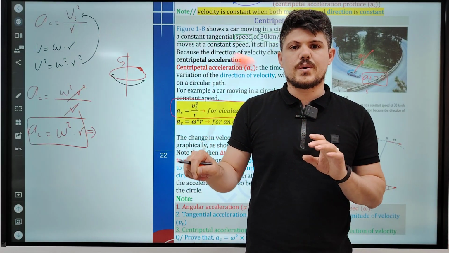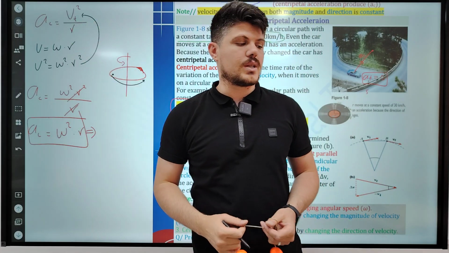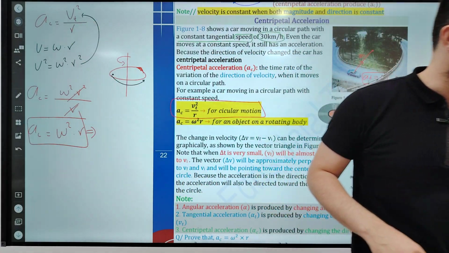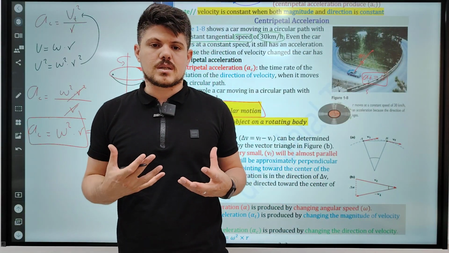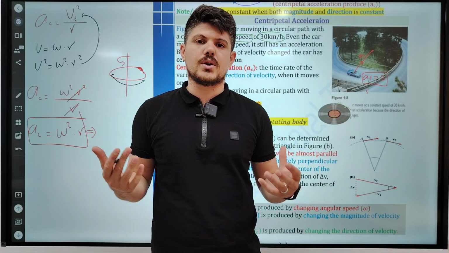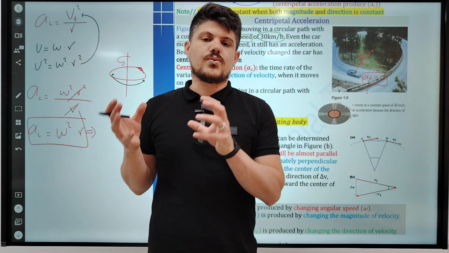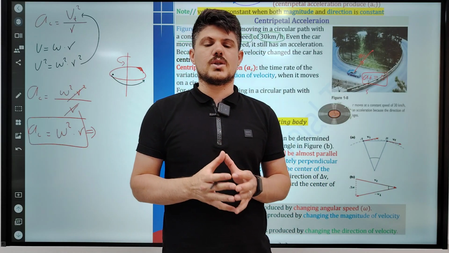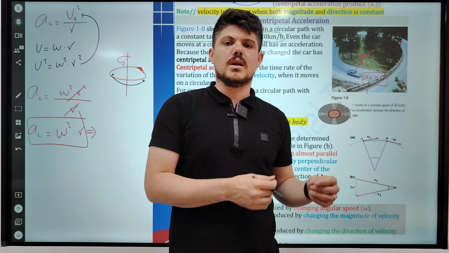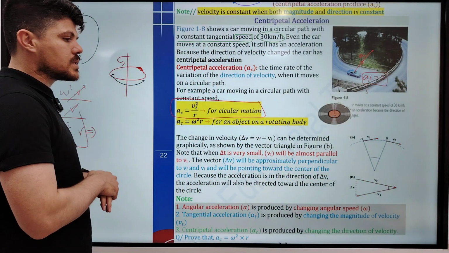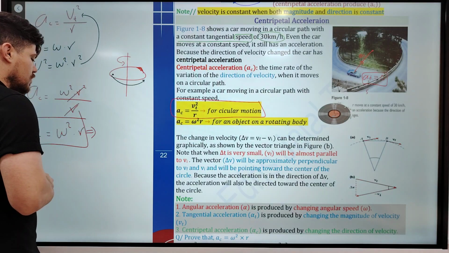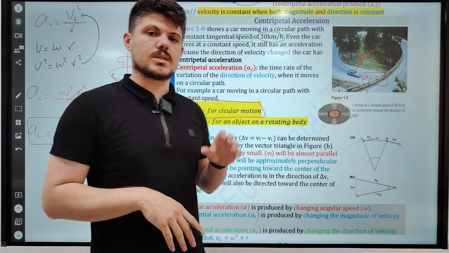So we can use this equation to find the centripetal acceleration, which is provided by the string. But for a rotating object, such as a merry-go-round or carousel, to find the centripetal acceleration of the horse on the carousel, you have to use this equation. Why? Because the object has angular speed instead of tangential speed.